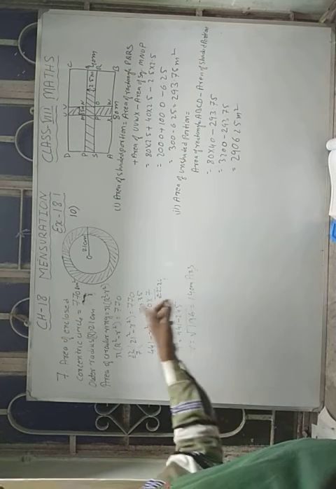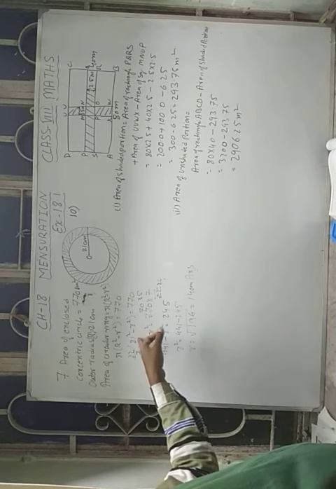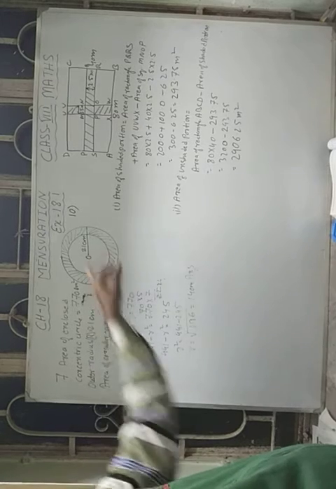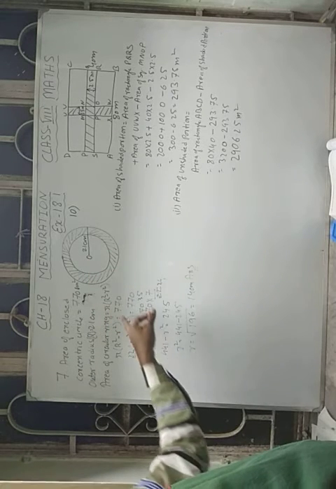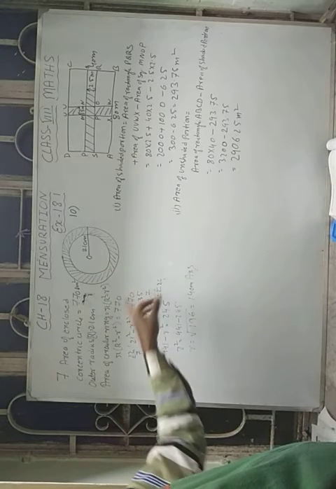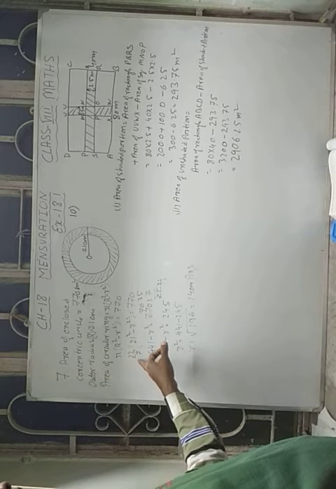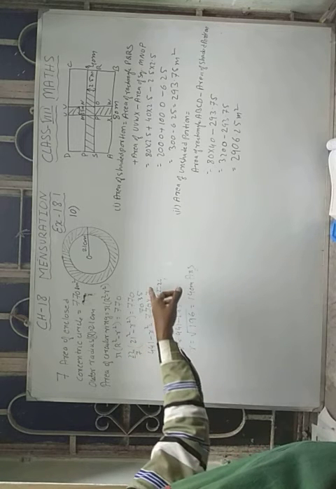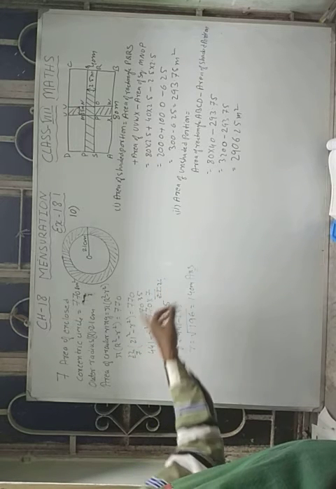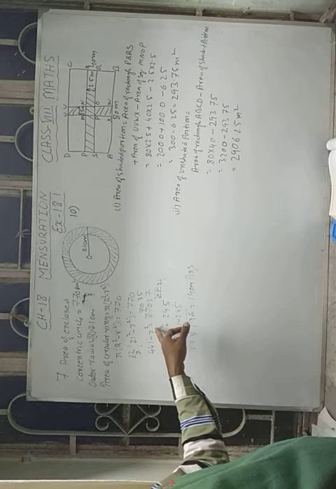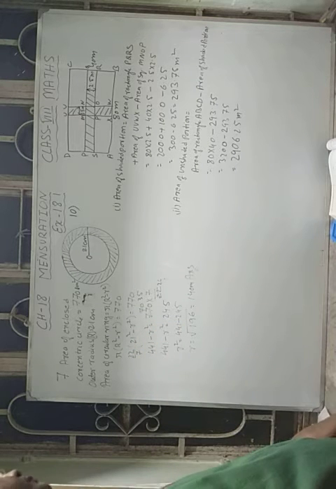When you equate it, you have to put the values. Pi is 22 by 7, capital R is 21, so 21 centimeters square, then the area 770. Now it is in multiplication, so we change its side, it becomes 770 into 7 by 22. 21 square is 441 minus small r square, that you need to find.